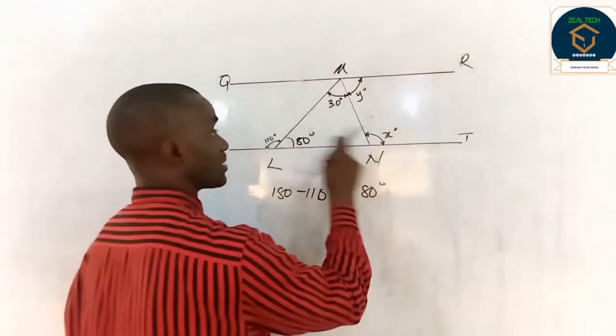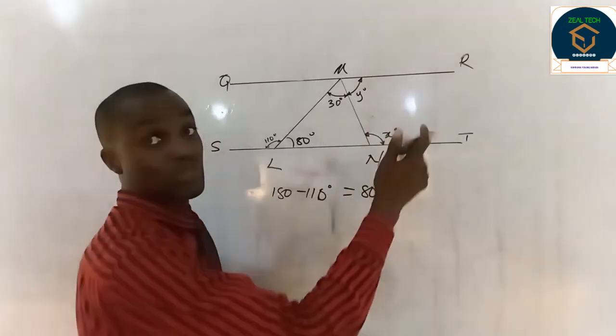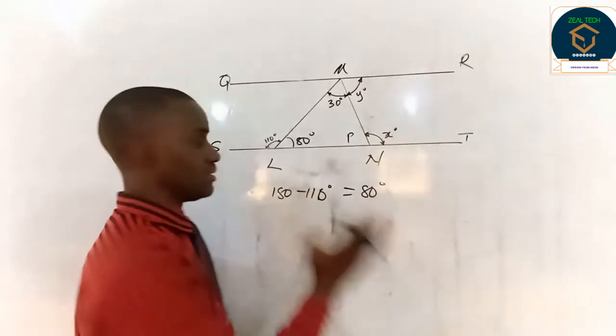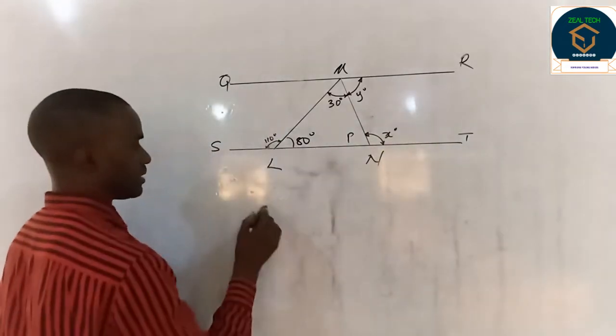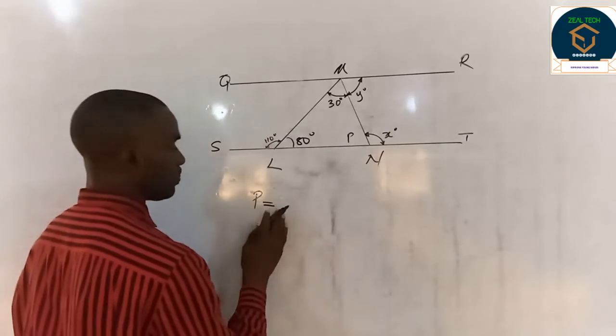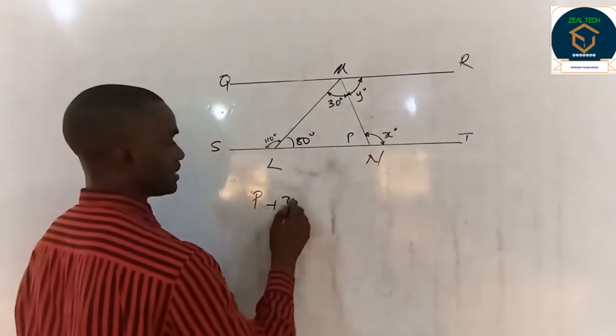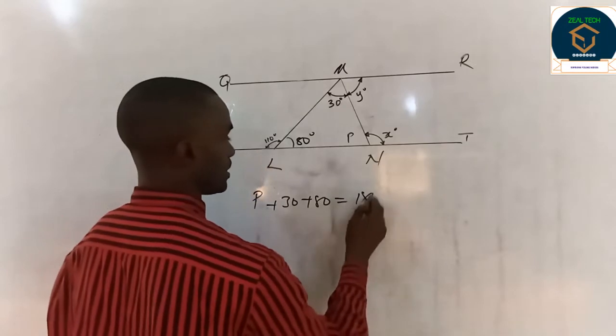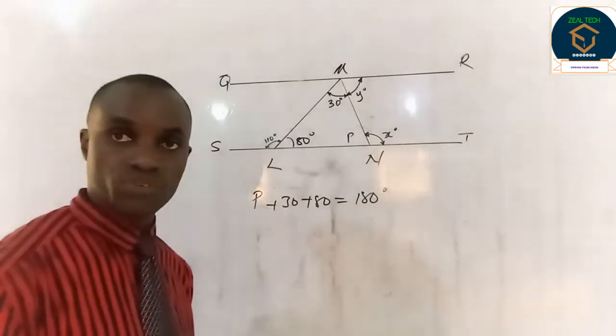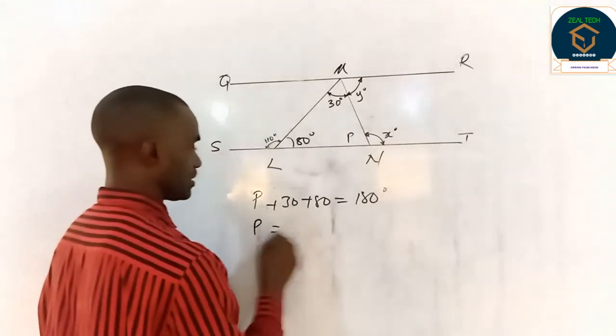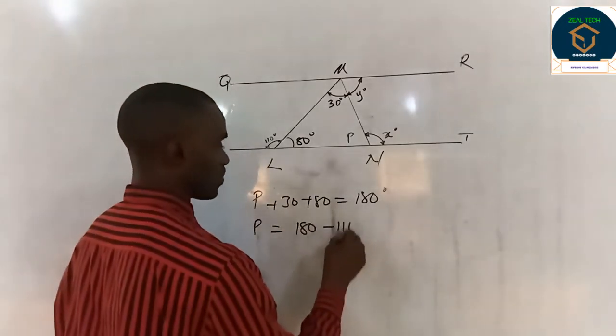To get this angle, add this and this, plus, let us use the letter P here, easy. You see P plus 30 plus 80 must be 180 degrees, the angles of a triangle. So P is equal to 180 minus 110.